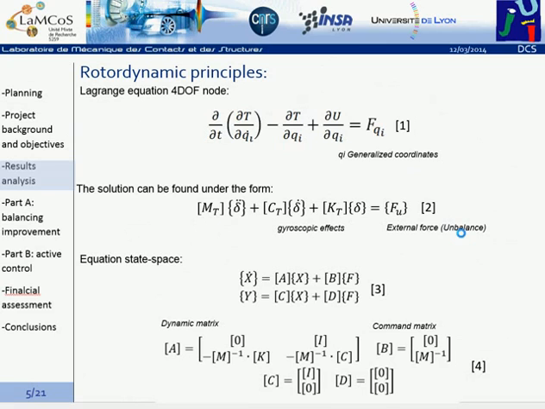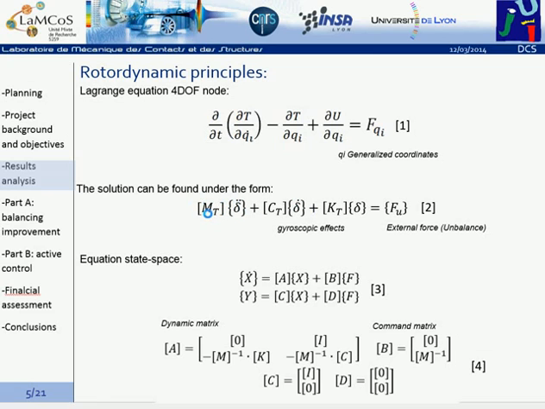we are going to move on to the equations of movement, which are obtained from the Lagrange equation that is written here. Once the equations are discretized, we are able to calculate the elementary matrices of the differential system of equations that you can see here.